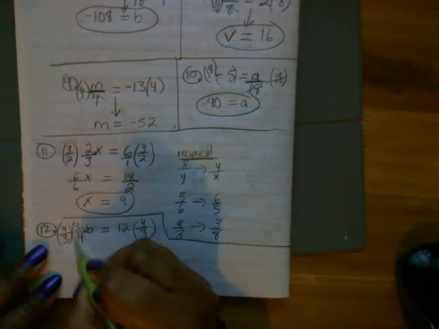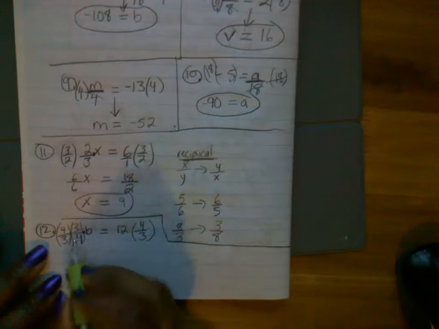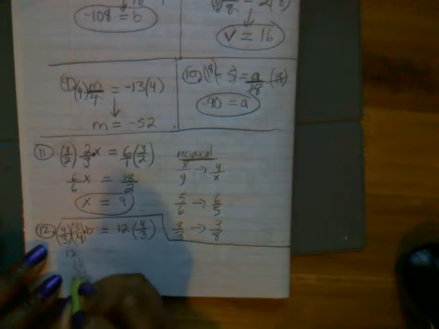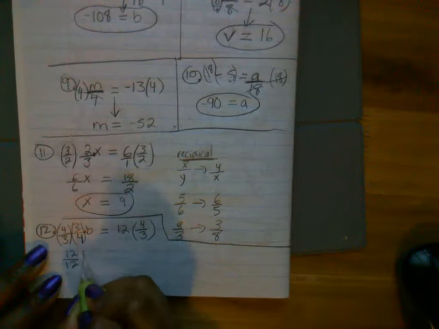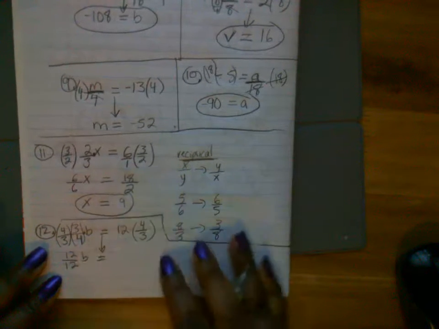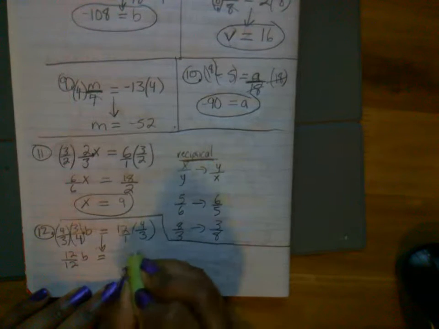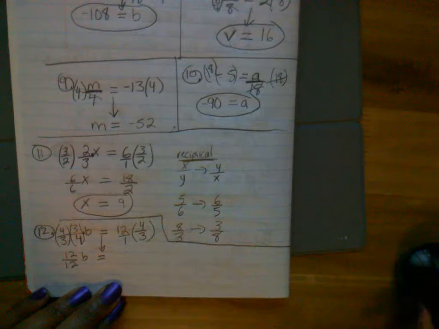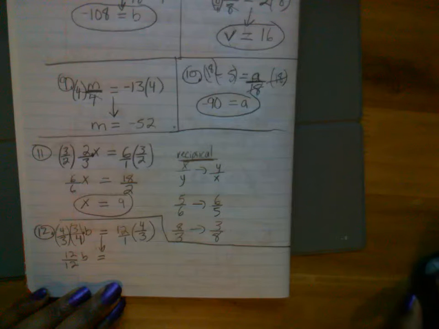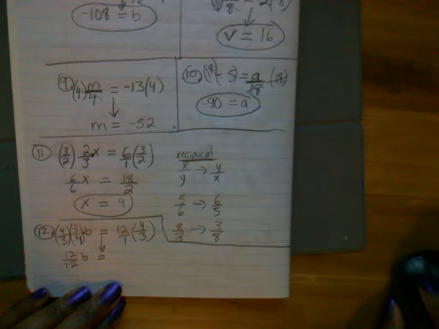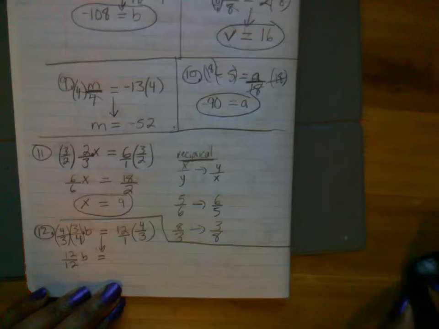So when you multiply this side by 4 over 3, this gives you 12 on the top, 12 on the bottom, b. Bring down the equal. I'm going to multiply here. If I multiply straight across here, we got 12 times 4. Some of us know 12 times 4.